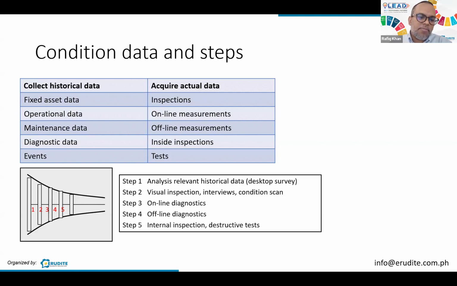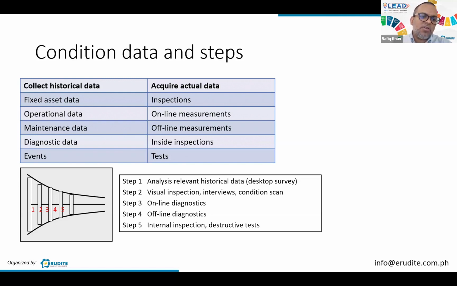The step-by-step approach is actually fine-tuning or funneling you into the right direction. So you start with a very wide area, analysis of relevant historical data. It may give you some direction of where this is heading. Then you do step 2, which is visual inspection. You can interview and condition scan.